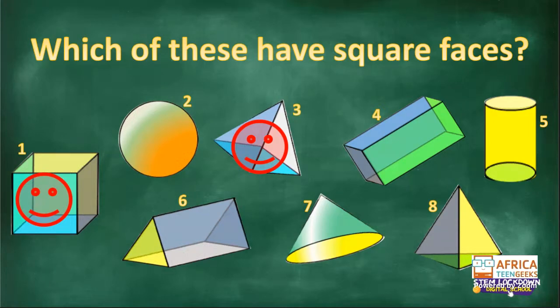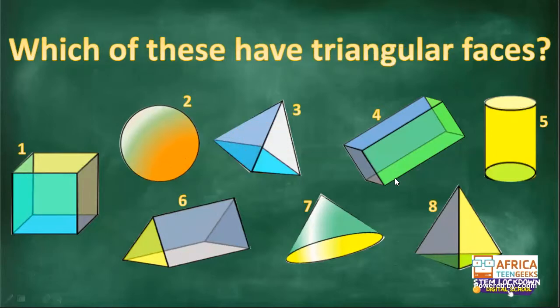Let's go to the next question. Which of these have triangular faces? 3 answers. There we go. Ethan and Ntando, you were the first. I will give both of you points.